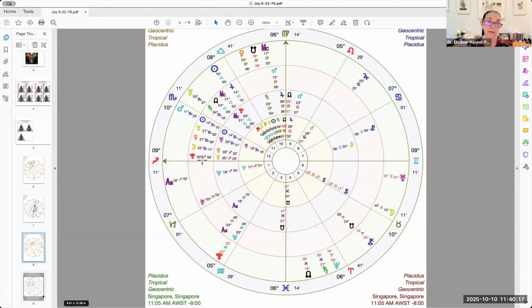My moon is at 3 degrees of Scorpio. Scorpio is very intense and it's deep.